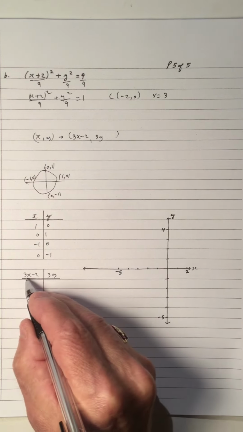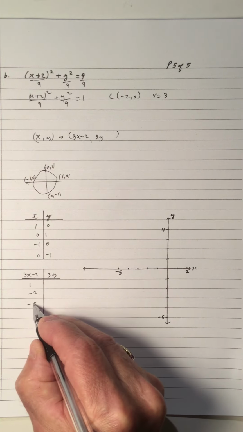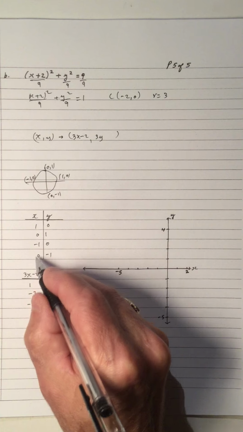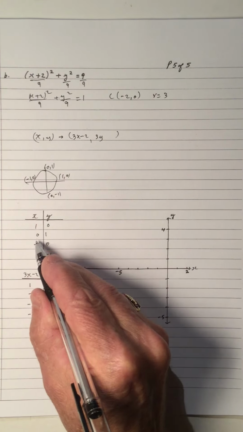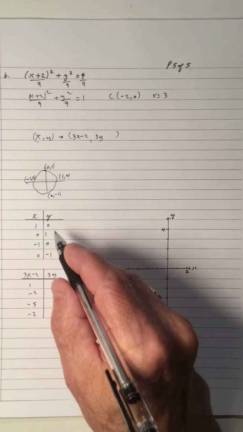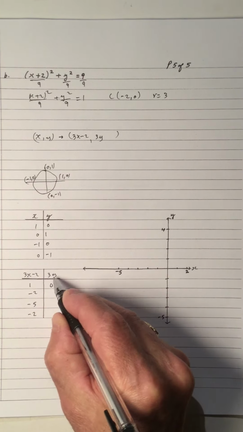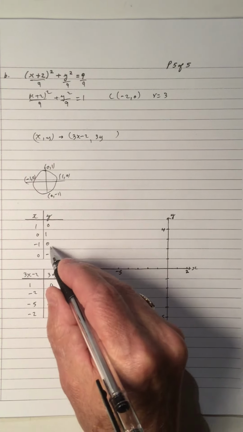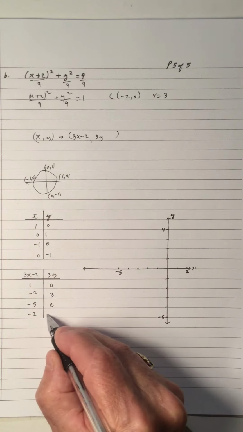We got a negative 1 going in, so we got a negative 3 minus 2 is negative 5. And we got a 0 going in, so we get a negative 2. Whatever 0 is here, should be same here. Now I'm going to put a 0 in right here. 3 times 0 is 0. Put a 1 in, I get a 3. Put a 0 in, I get a 0. And put a negative 1 in, I get a negative 3.